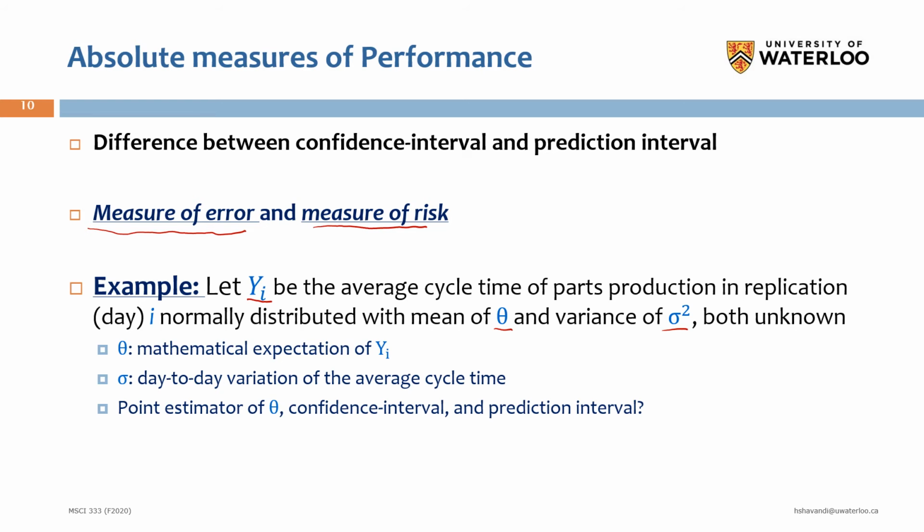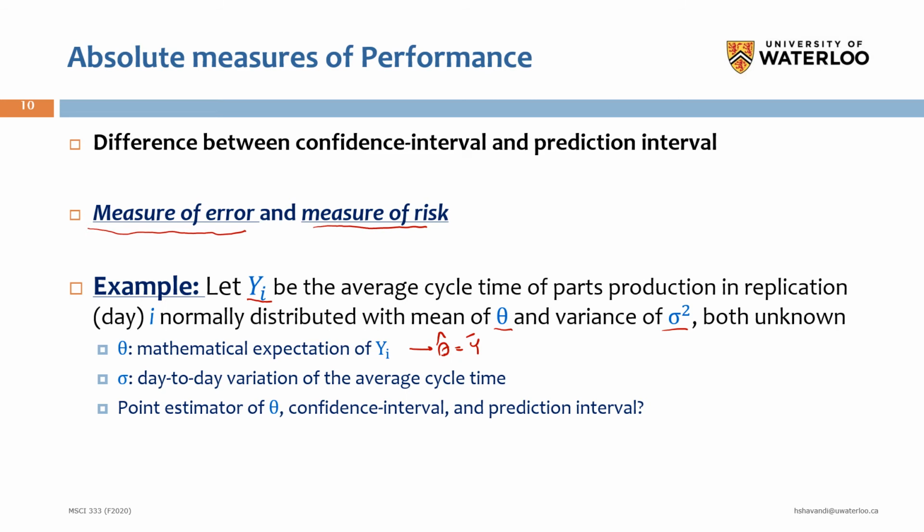So we have sample data from our simulation, and we can estimate theta by theta hat, right? So the theta hat here is y bar, so it will be a point estimator for theta, right?